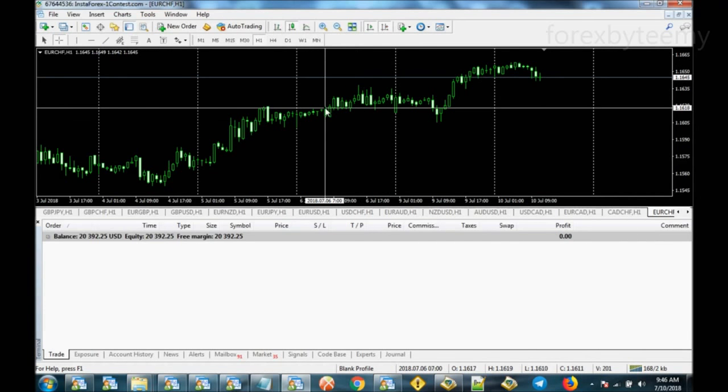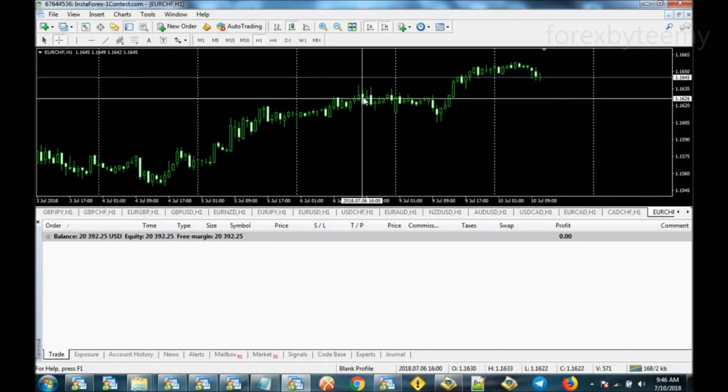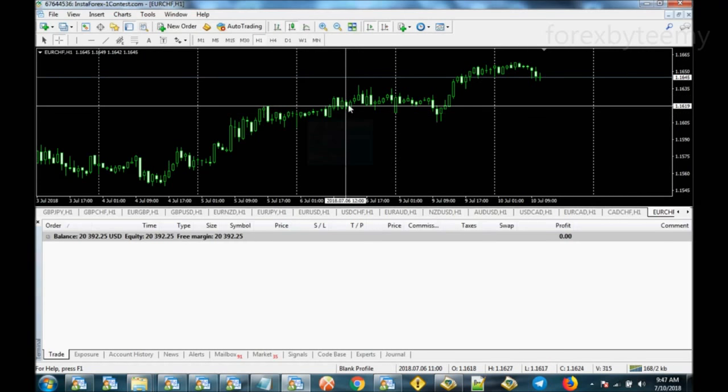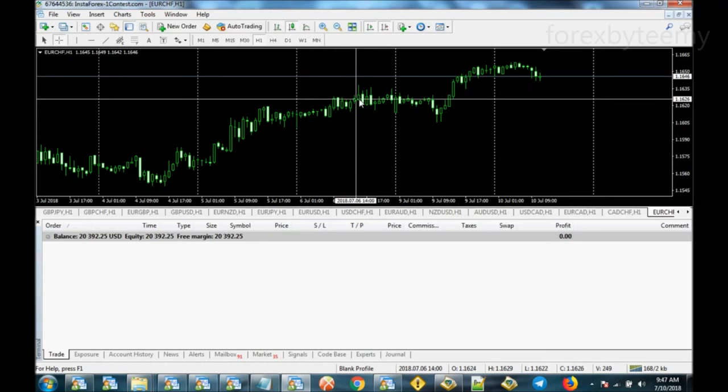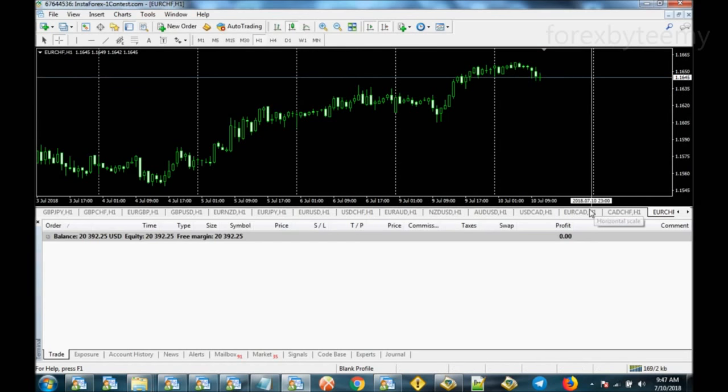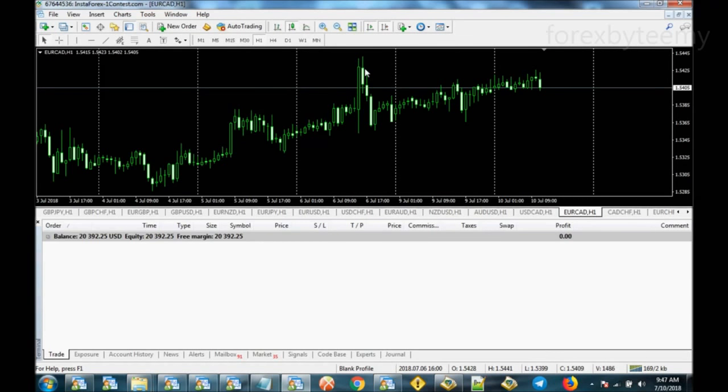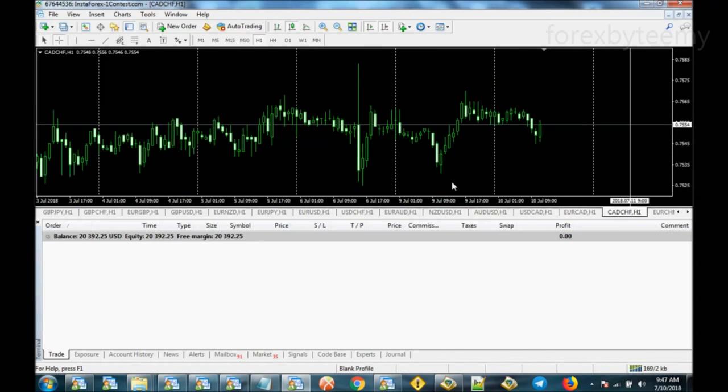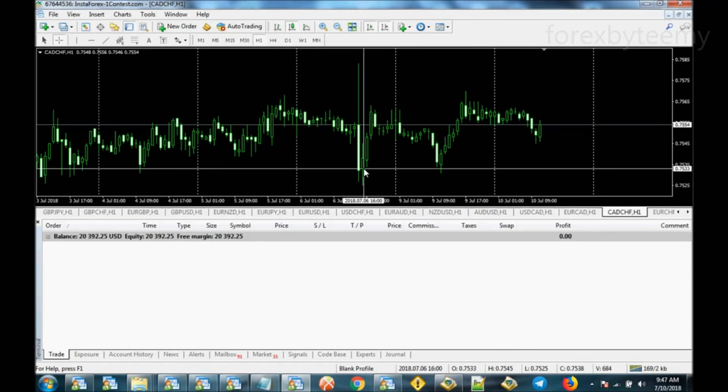Just before then, the euro had been very strong compared to the Swiss franc, showing much more strength. So which of them will the CAD be able to pull more? It will pull more on the one that is weaker. Since the Swiss franc is weaker, it's good to take CAD/CHF for the buy.